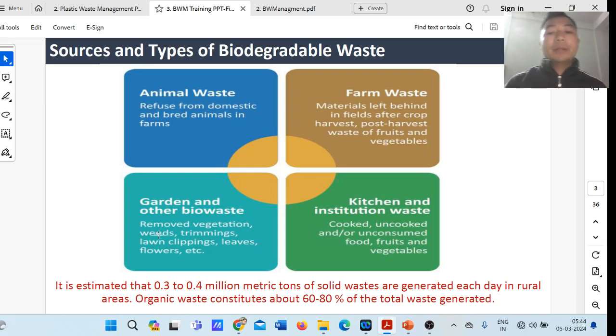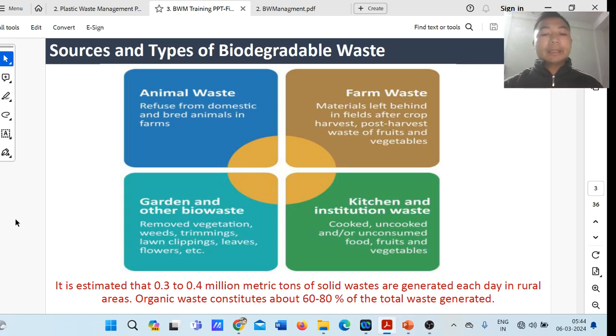The major sources of biodegradable waste are animal waste, refuse from domestic and bred animals in farms, or farm waste, gardens and other bio-waste, kitchens, and institutional waste. So these are the four important sources of biodegradable solid waste.